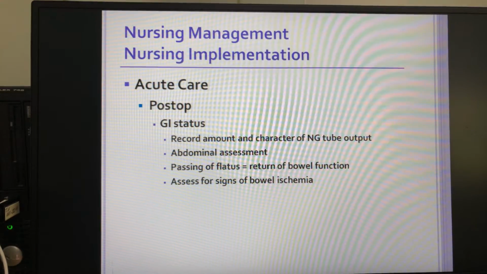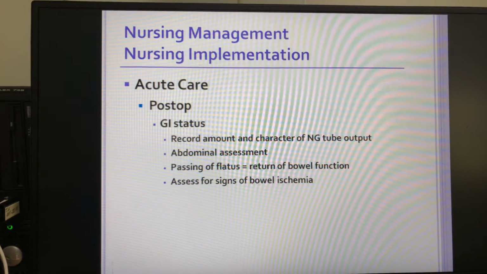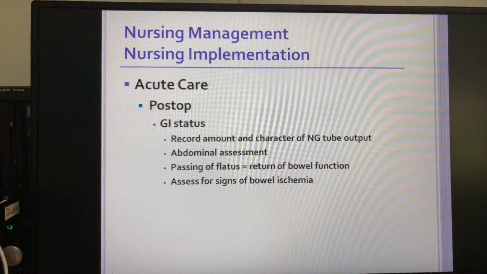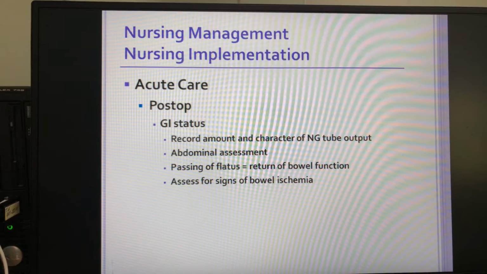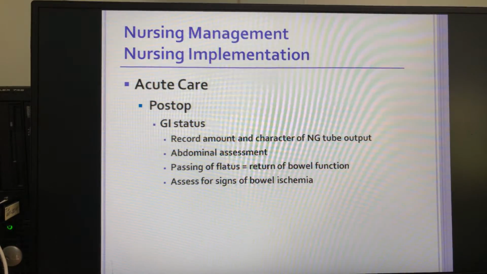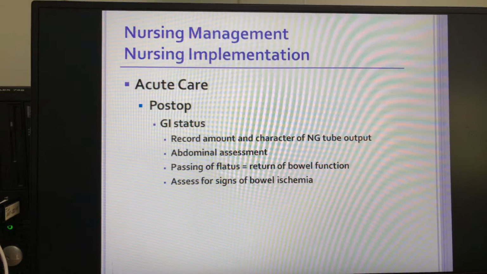So a retroperitoneal surgical approach can be used to decrease the risk of bowel complications. And clinical manifestations of bowel ischemia include absent bowel sounds, fever, abdominal distension, diarrhea, and bloody stool.